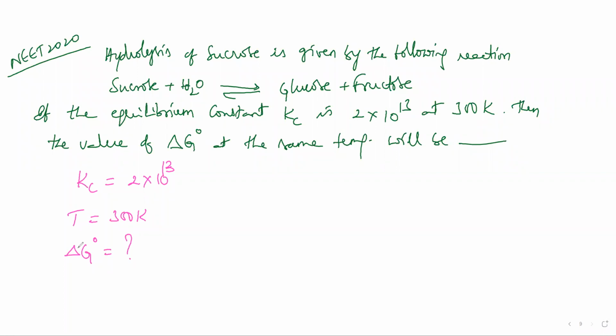How to find it out? What is the expression for this? I already gave you that expression, right? Delta G naught is equal to minus RT ln Kc, the equilibrium constant.